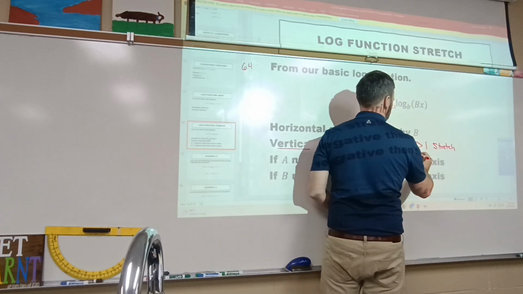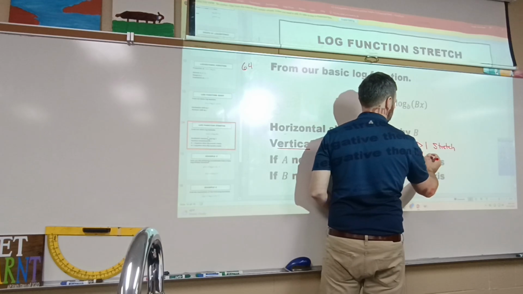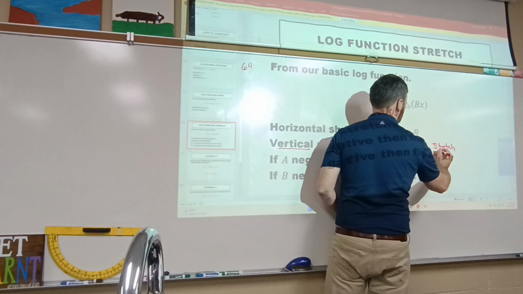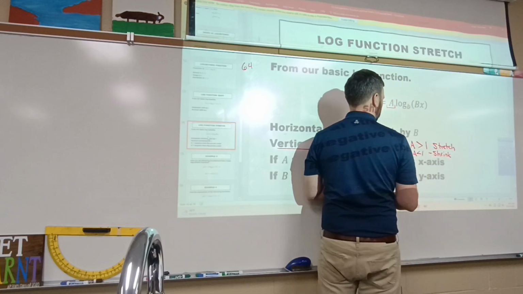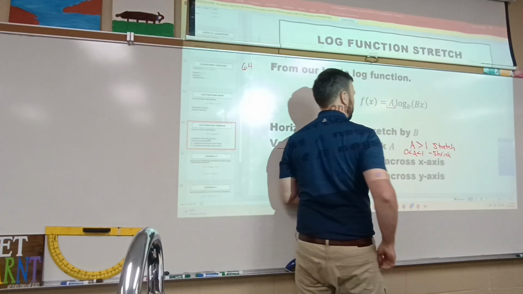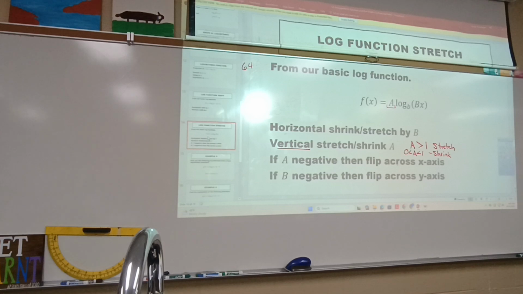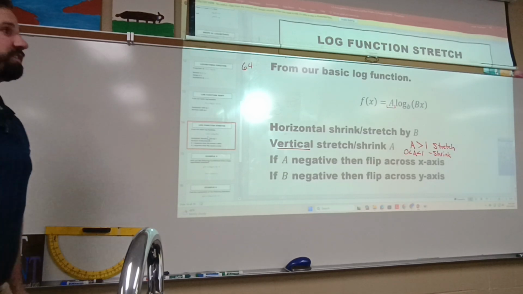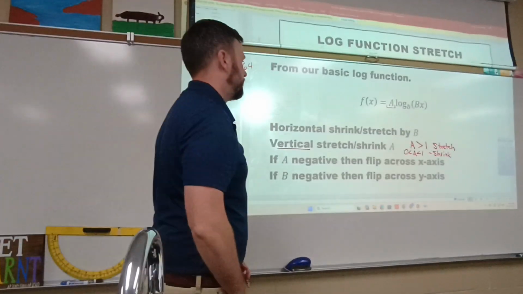If a is between 0 and 1, it is a shrink. If it is 1, it's doing nothing, so you don't worry about it. If it's negative, that flips it, so we don't worry about that for making it larger or smaller.